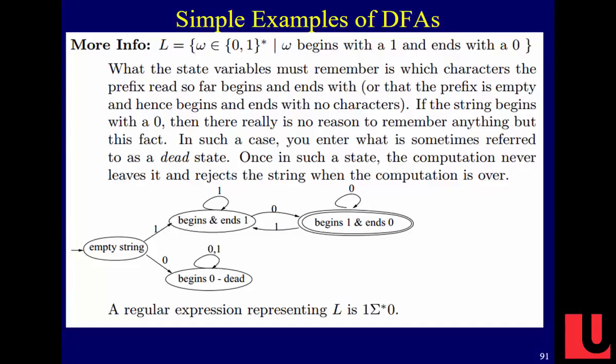You want to say if alpha is in the language, then it's accepted by the machine, right? And if it's a DFA, then there's one path to an accept state. And if it's an NFA, there could be many paths, but one of the paths is good. But the other thing you have to prove, if it's not in the language, then it's not accepted by the machine. There's not a path.